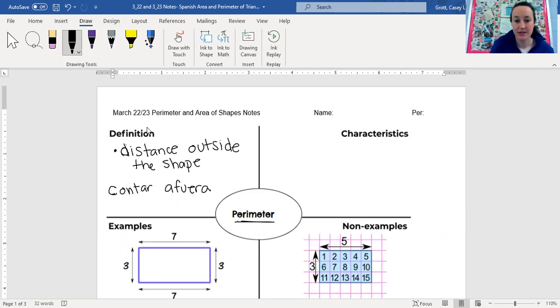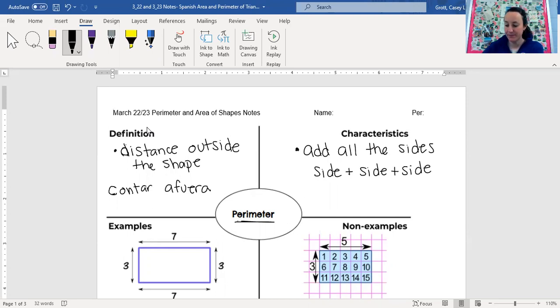Some characteristics, we are going to add all the sides. Okay, so we will do side plus side plus side. Okay, we'll be adding everything together.